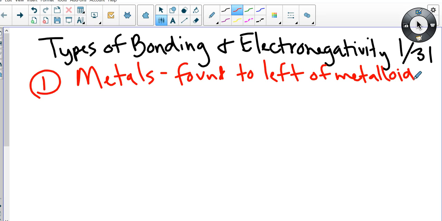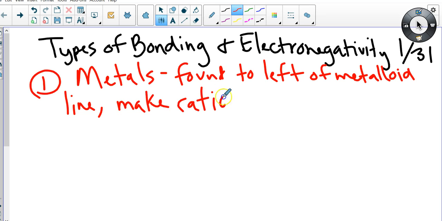Left of the metalloid line, they make cations. Remember, cations have a positive charge, because cation has a plus sign in the name, because they lose electrons.